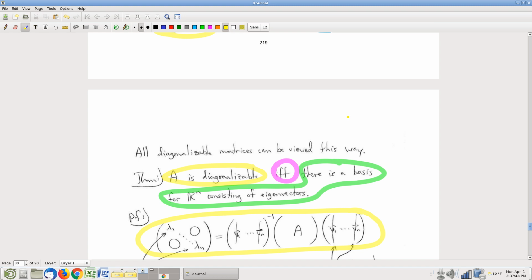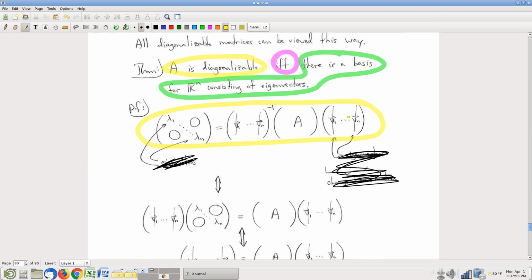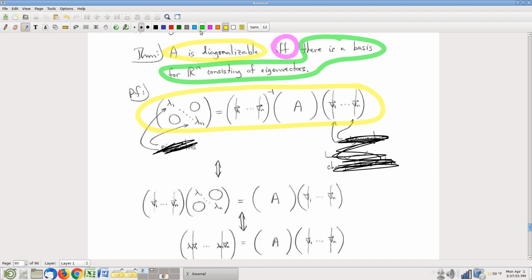We'll worry about what those columns are later, but can be conjugated to make a diagonal matrix. That's the definition of diagonalizable. This bottom statement down here says, I will claim, that there's a basis for Rn consisting entirely of eigenvectors.